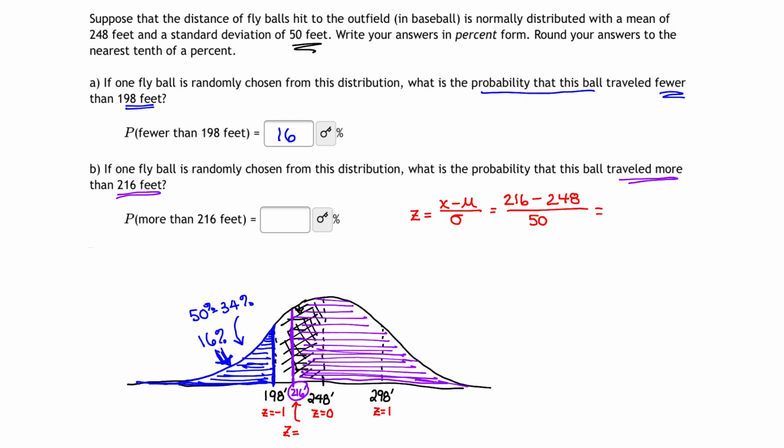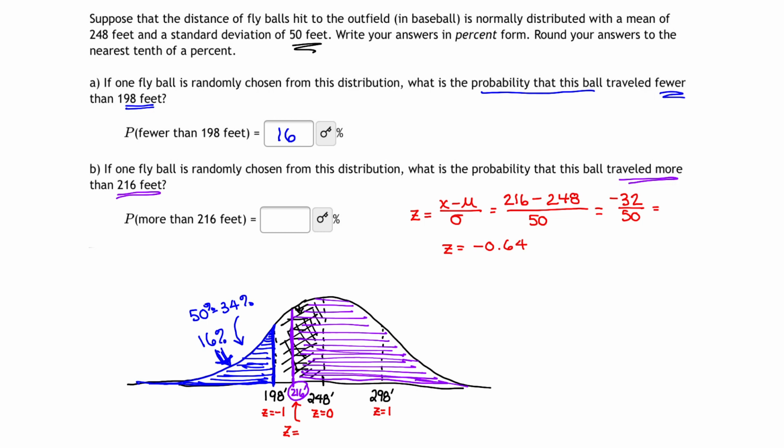What's that give us? 216 minus 248 is negative 32. And if we divide negative 32 by 50, that gives us negative 0.64.